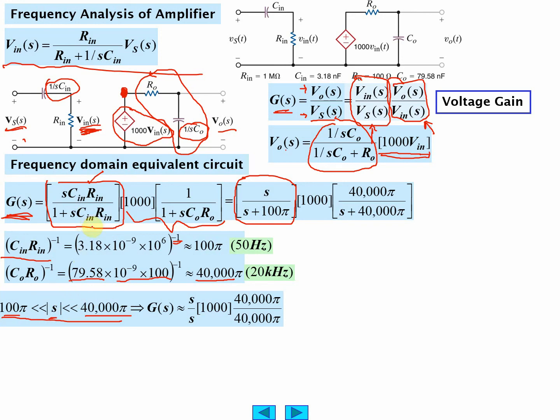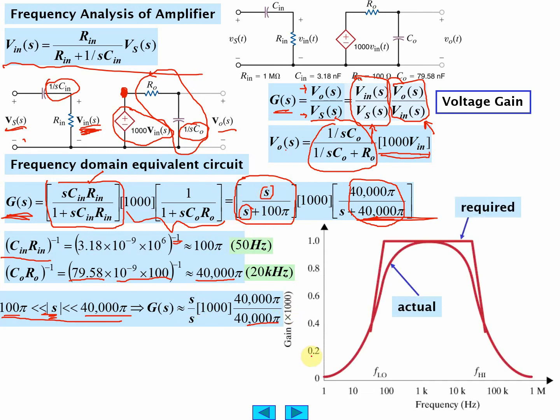When S is going to be big, the first one's going to be 1 here. And yeah, when S is big, this is going to turn into 1. This one, it's now less than 40,000, is also going to be 1. The 40,000 dominates in this range. The 40,000 is bigger than S. So 40,000 over 40,000 is 1. S is bigger than the 100 pi, so it dominates before that.